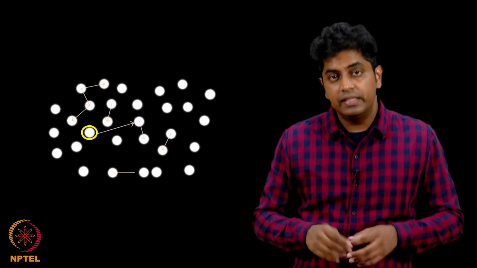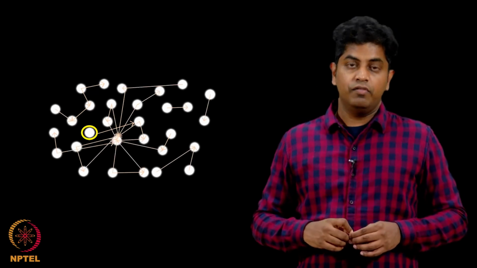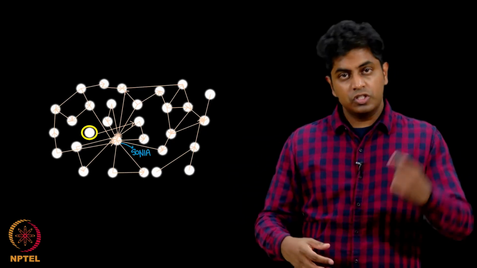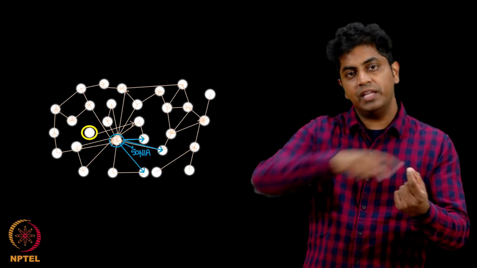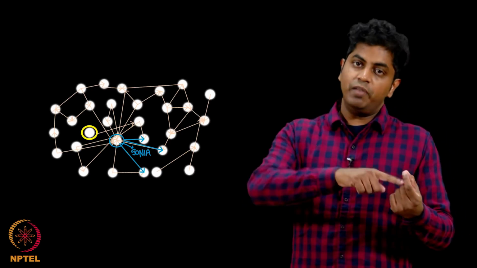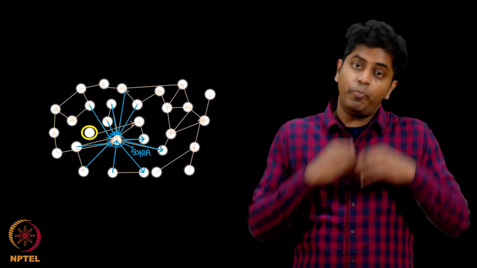That person points to someone, and who points to whom is given as a directed graph. For example, Sonia is a node, there are 30 nodes, 30 people in this room, Sonia is one of them, and she has arrows going to some 3 people. So, she will point to these 3 people if I ask her for a solution, and there are people who point to Sonia also, maybe 10 people point to Sonia, okay.